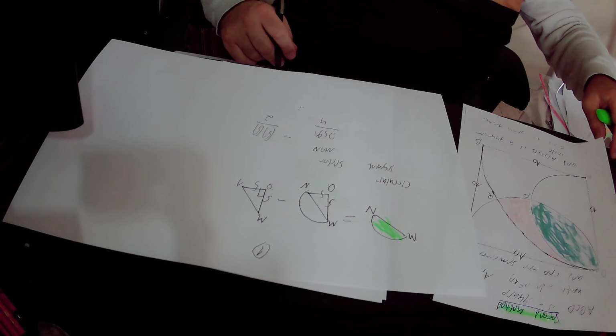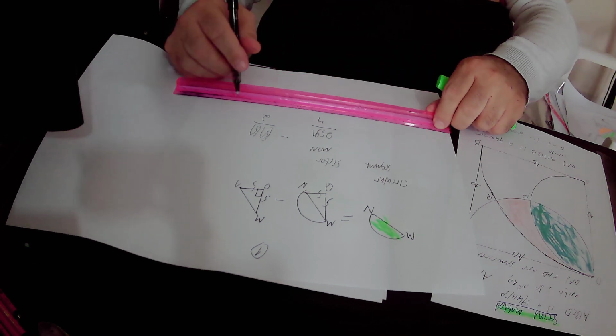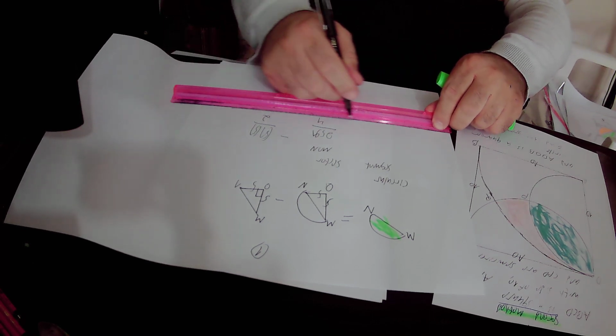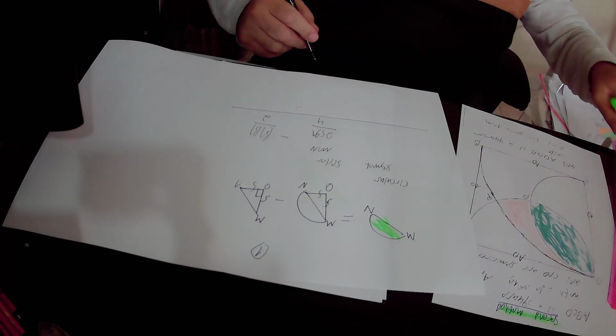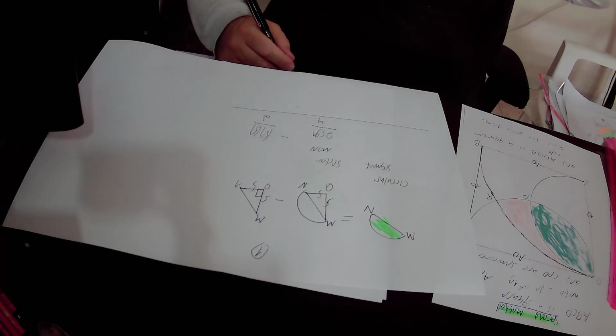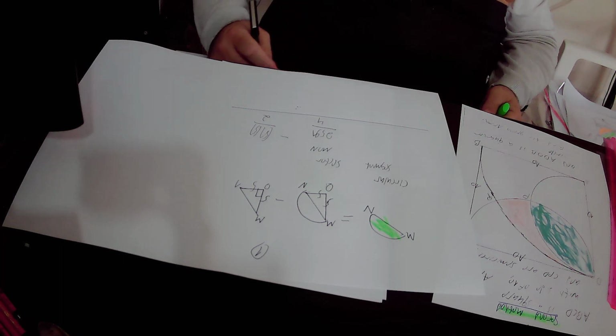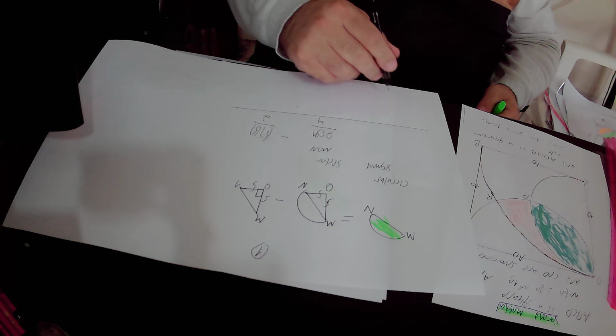Now we will multiply the area of this circular segment by 2, and in this way we get the area of the blue lens.